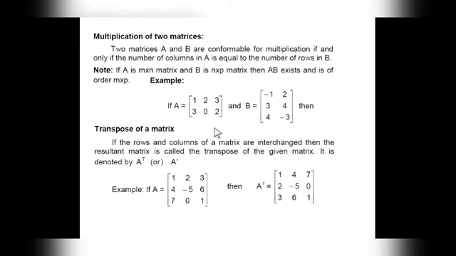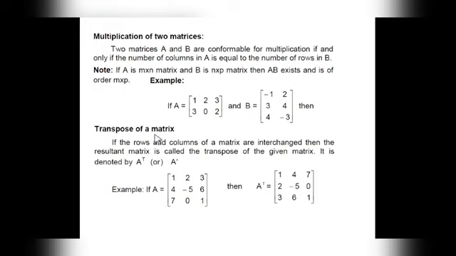The order of A is 2 by 3 and order of B is 3 by 2. Here number of columns of first matrix are equal to number of rows of the second matrix. Hence we can multiply these two matrices.